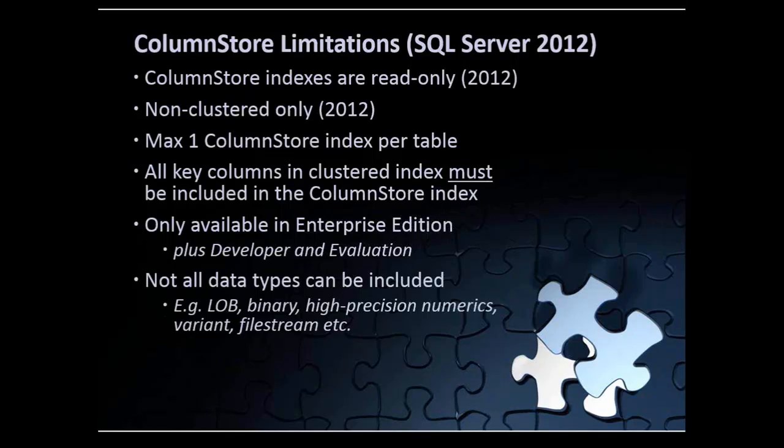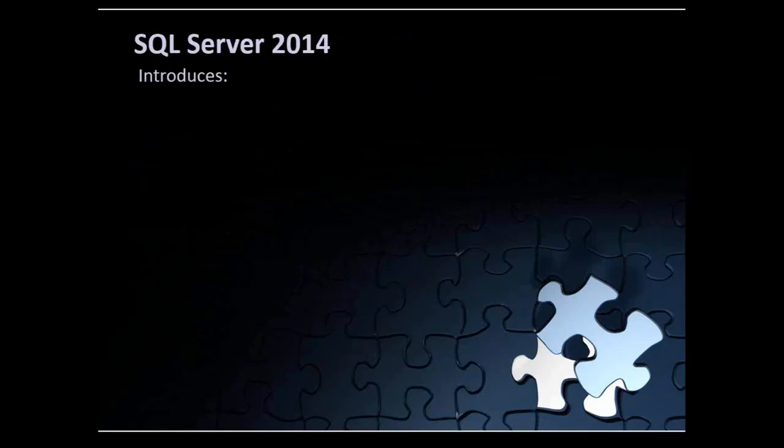There are some data types which can't be included in a ColumnStore index, and there's a maximum of 1,024 columns per index. So I hope that you don't ever need to think about whether you've reached that limit or not, because that's rather a lot of columns. There are quite a few other limitations as well, but these are the ones that I want to mention right now.